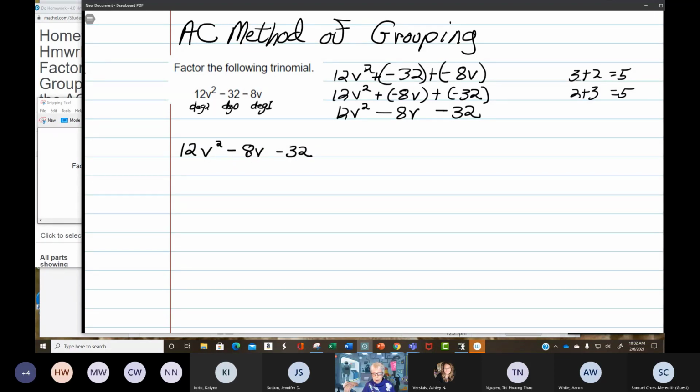The number 2 will go into these numbers. The number 4 will go into these numbers. Who knows how many numbers can go into it? So let's break them all down completely. So I'm going to do that right now.